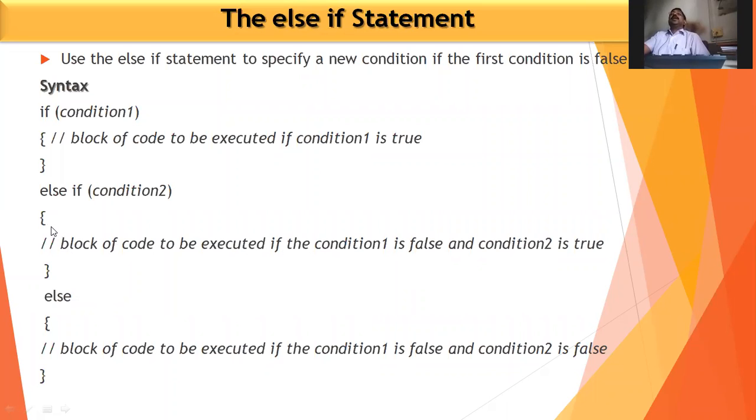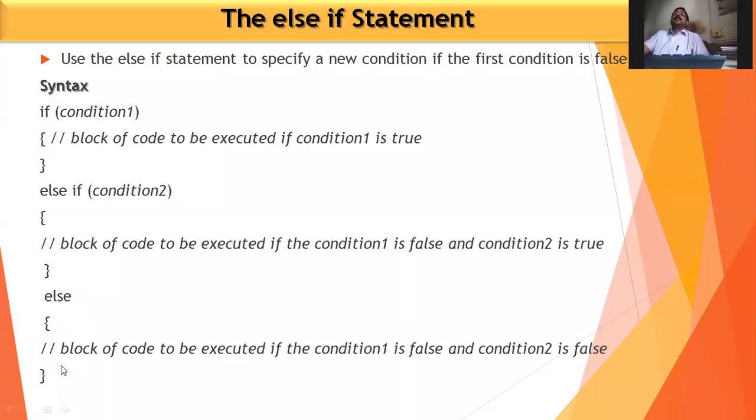Also, you can write an if after this curly bracket. So you can insert a number of ifs in one if also. And another thing is the last else will contain the block of code to be executed when all of the conditions above are false.